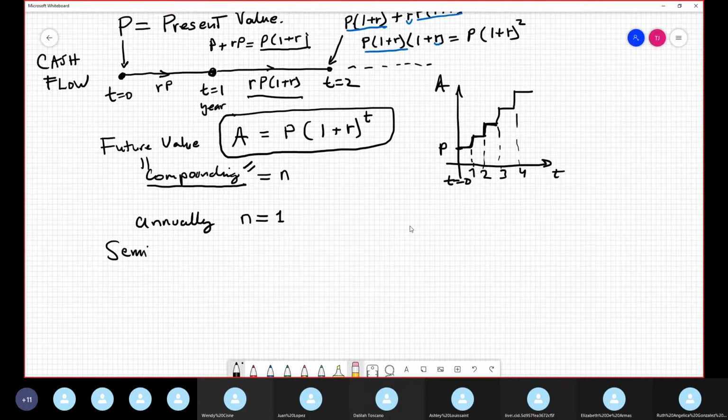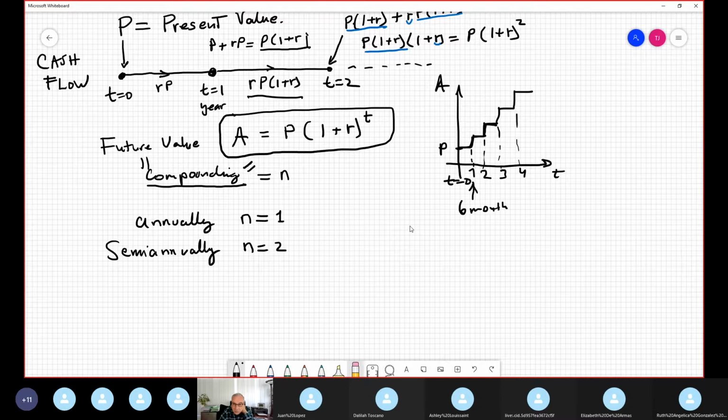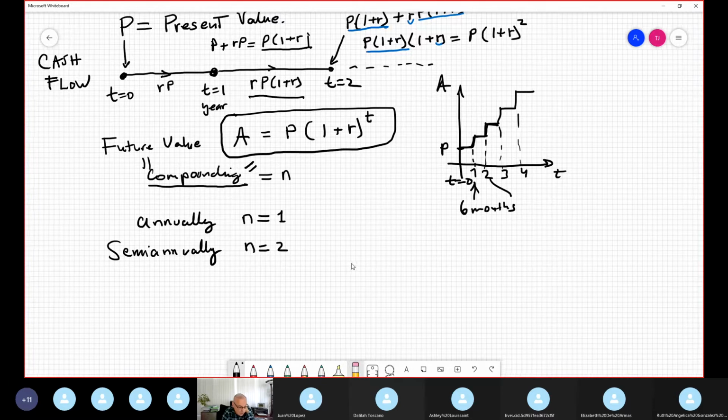Semi-annually, for example, is n equal to 2. When n is equal to 2, it is because my money increases every half a year, that is, 6 months. So this one is not 1 year, it is 6 months. This is 12, which is 1 year. Semi-annual is twice, 2 times in 1 year.